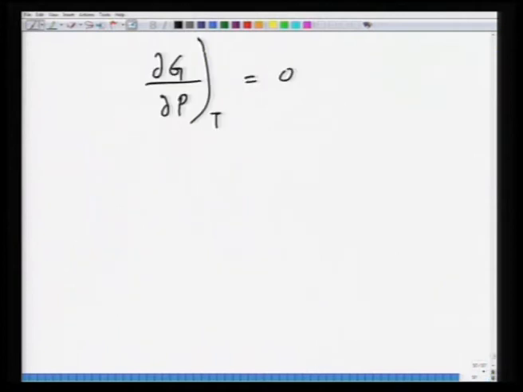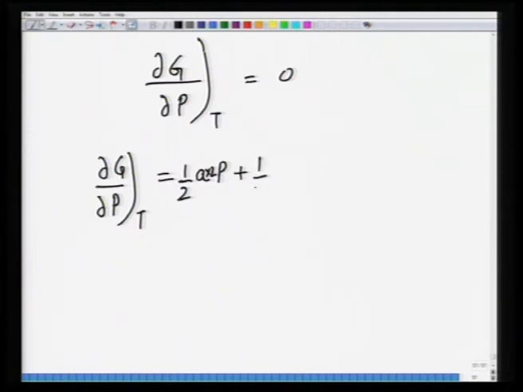So, I am differentiating this equation. So, I get del G by del P at T as A P. So, basically half A P square gets differentiated to half A into 2P, plus 1 by 4 B into 4P cube, plus 1 by 6 C into 6 P 5, and so on and so forth, minus E, and this is equal to 0.